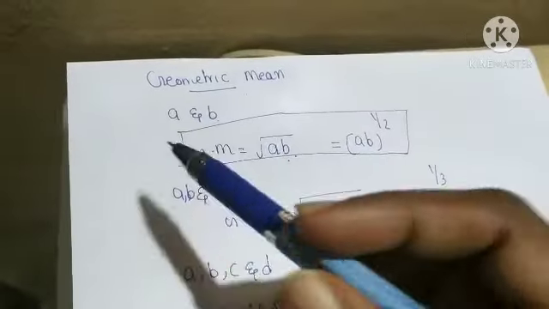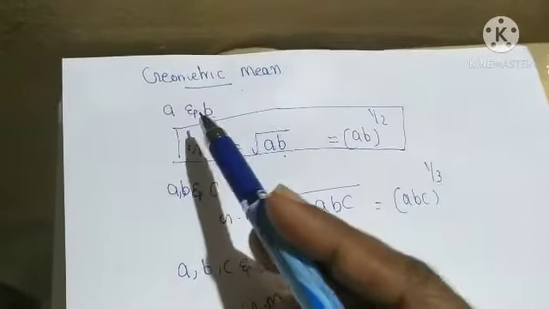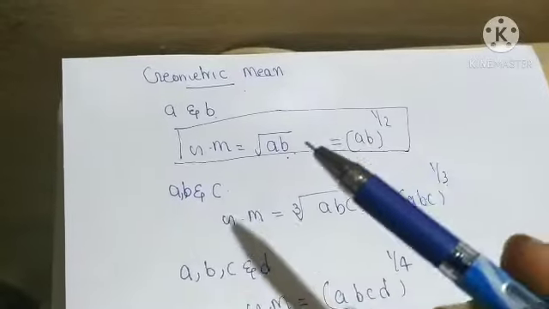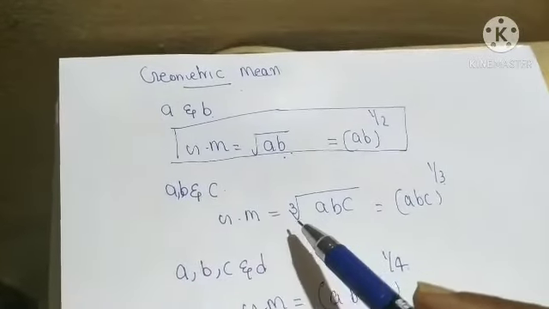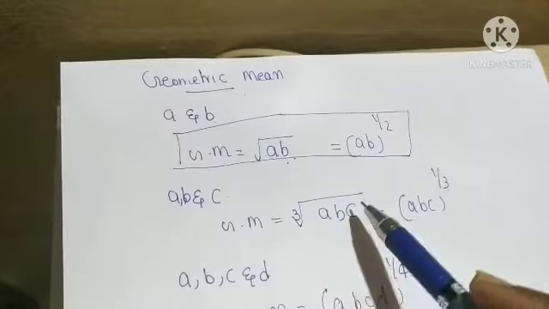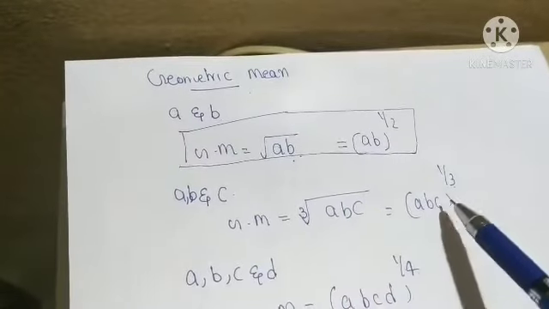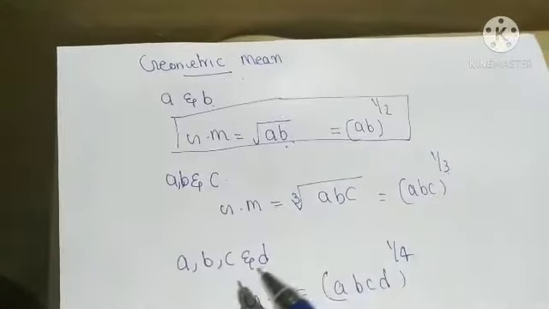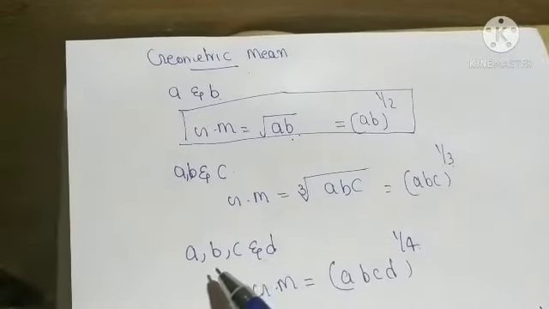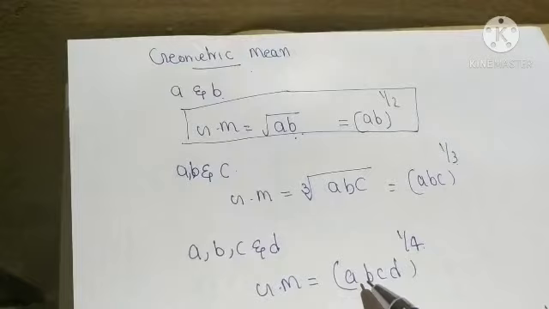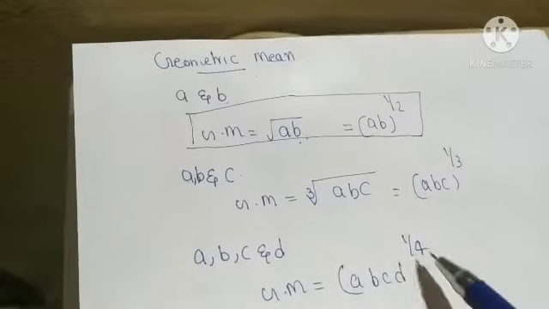Next, we need to find the geometric mean between three numbers, and this is equal to the cube root of a into b into c, or it can be written as abc whole raised to 1 by 3. Similarly, the geometric mean between four numbers is equal to a into b into c into d whole raised to 1 by 4.